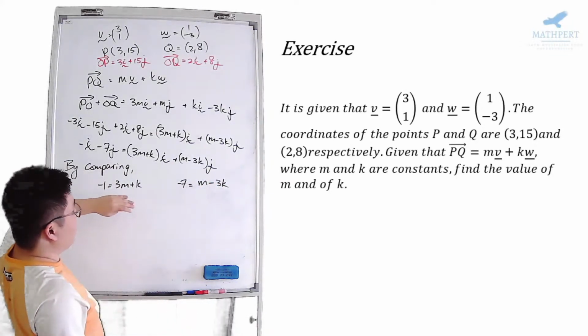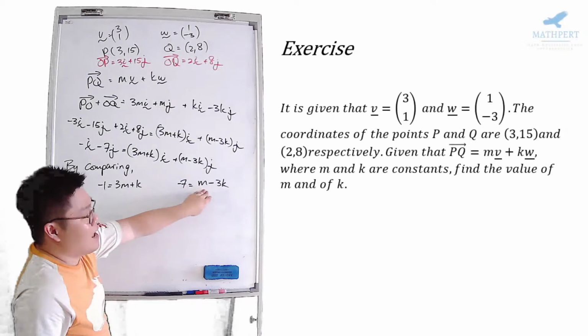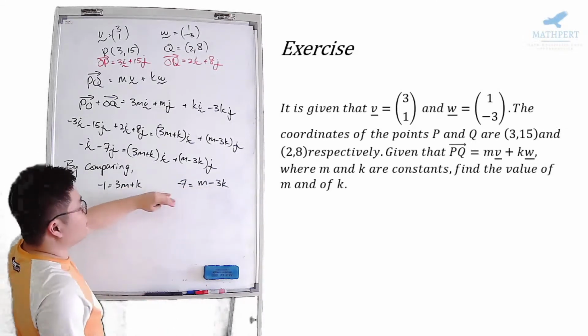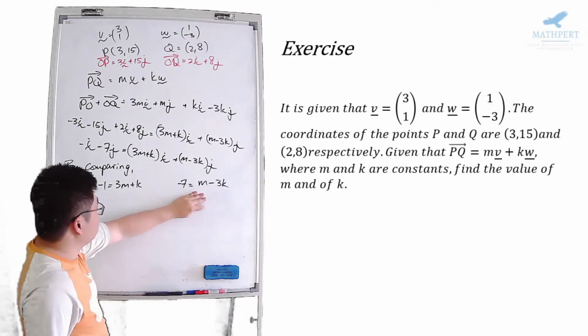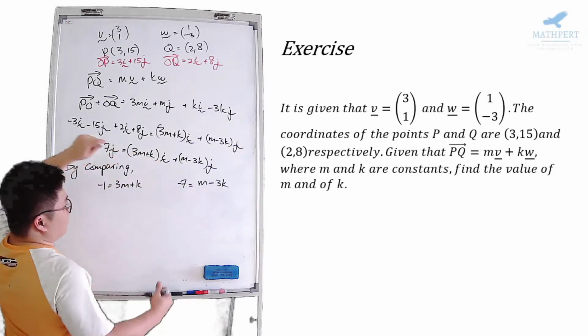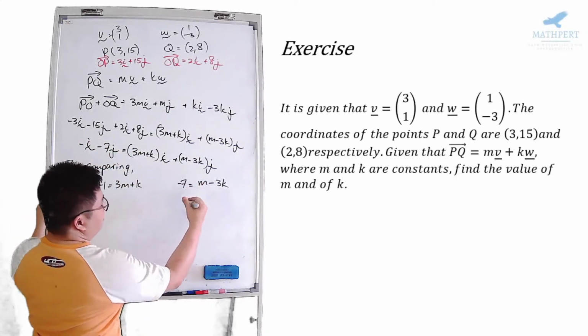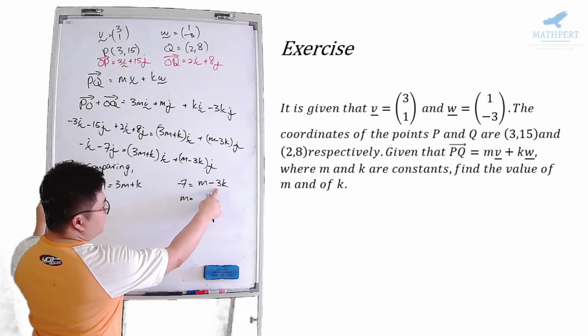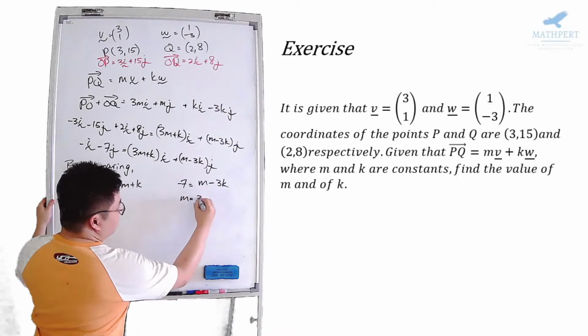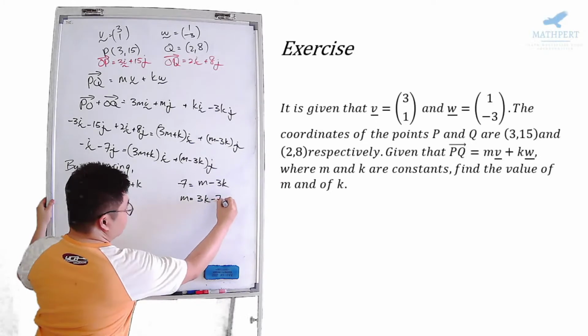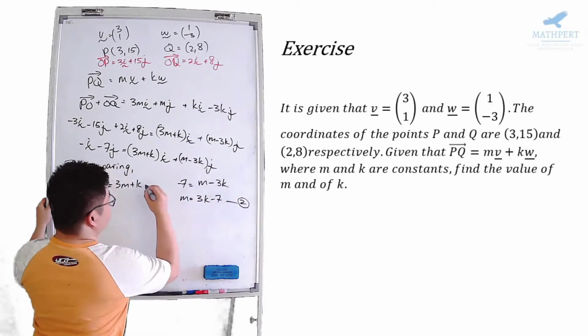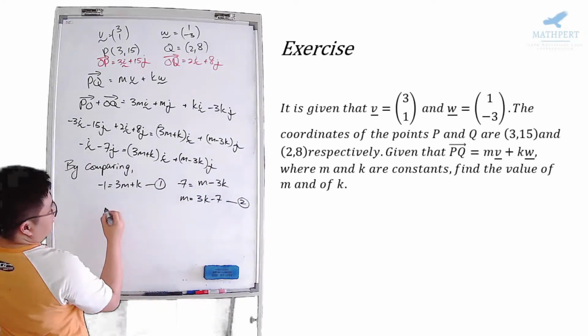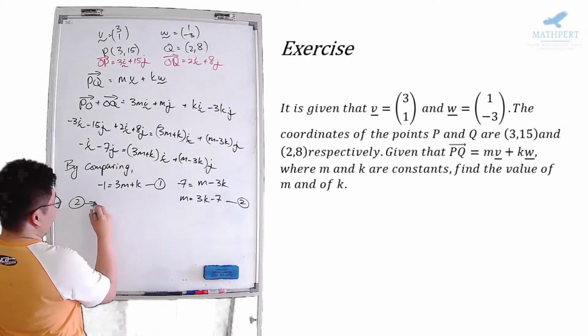So we have two unknowns M and K, and two equations. We can solve them simultaneously. Okay, let's rewrite this one. We make M the subject. So M equals to 3K minus 7. This is equation number 2. This is equation number 1. Okay, so we substitute 2 into 1.